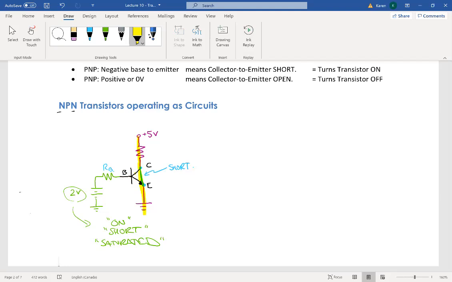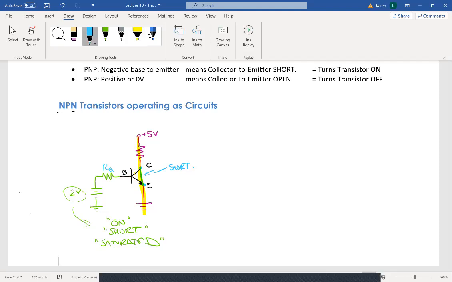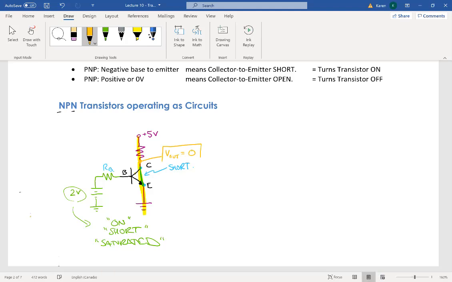So what I have just done is I have shorted my 5 volts down to ground. If I were to measure right here, and I call this the output voltage, I would get a 0 because it is shorted directly to ground.